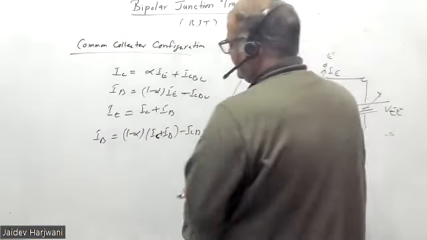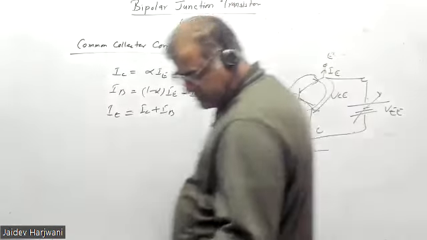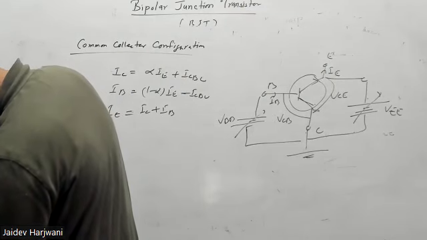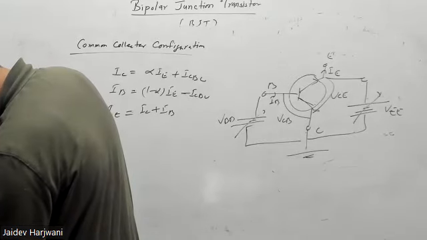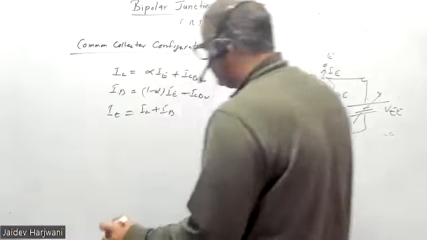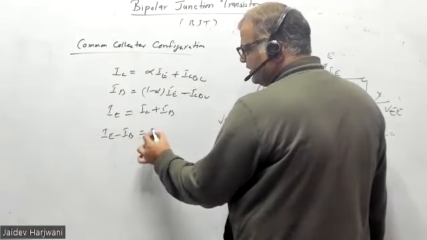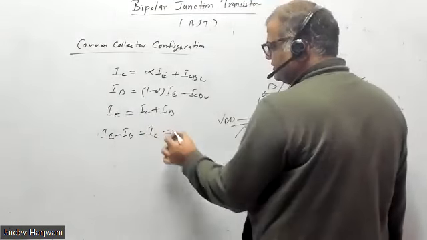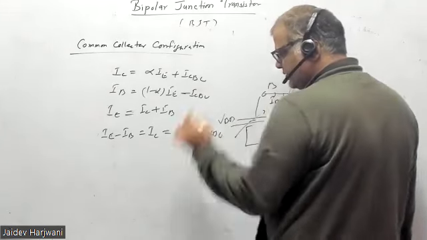Sorry, IE. Just give me one minute. IE minus IB is equal to IC, and IC is equal to alpha IE plus ICBO.